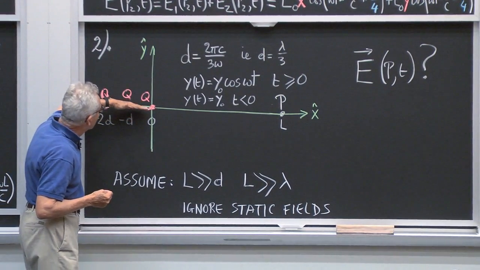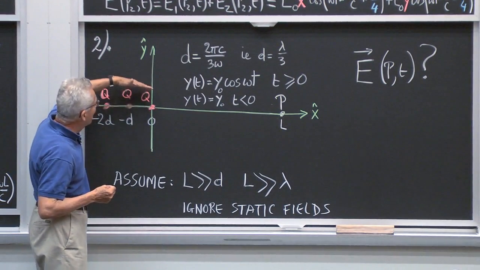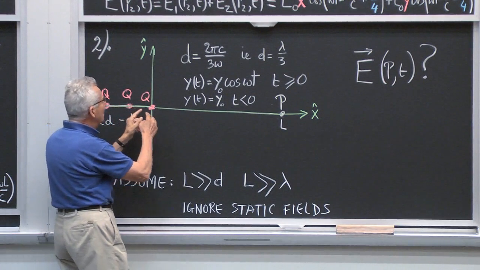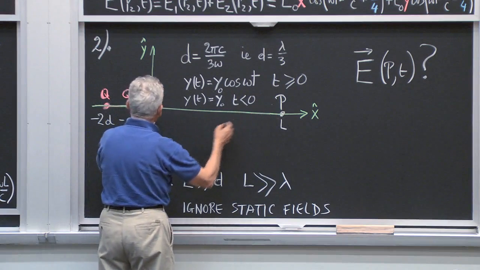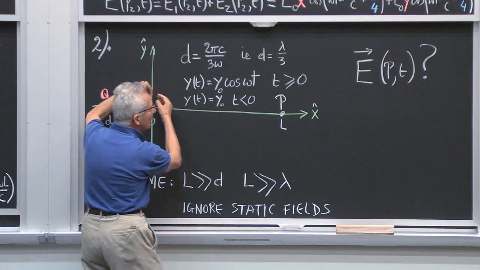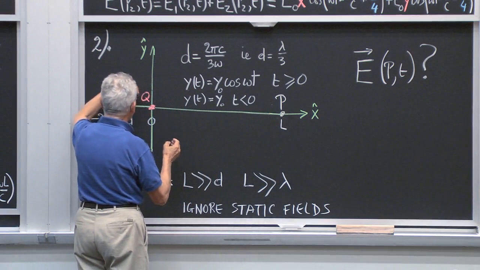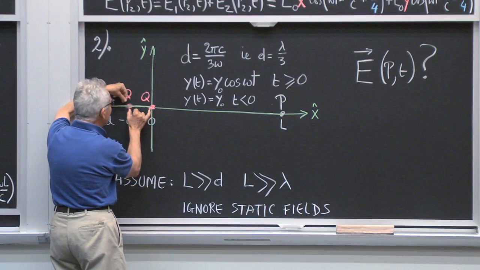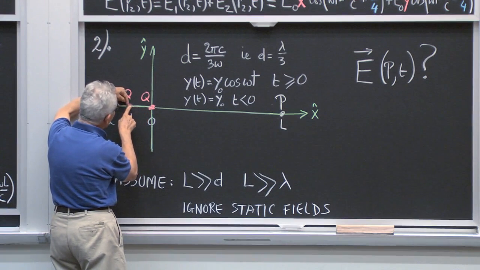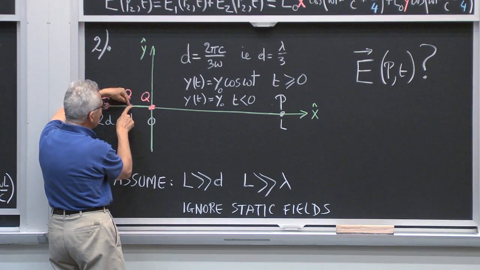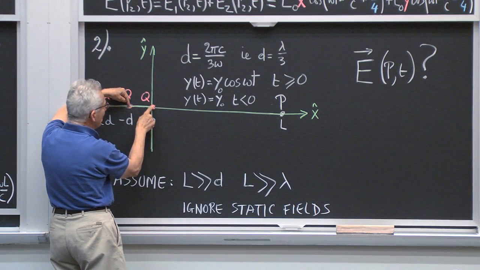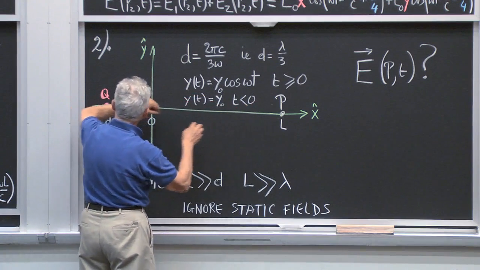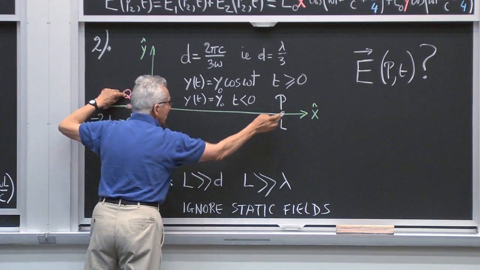So these charges have started to move all at the same time. After a time L over c, the radiation from this one will have got to here. If I add to it the time d over c, that's how long the electromagnetic radiation takes to get from here to here, so a little bit later, the radiation from this plus the radiation from this is getting here.